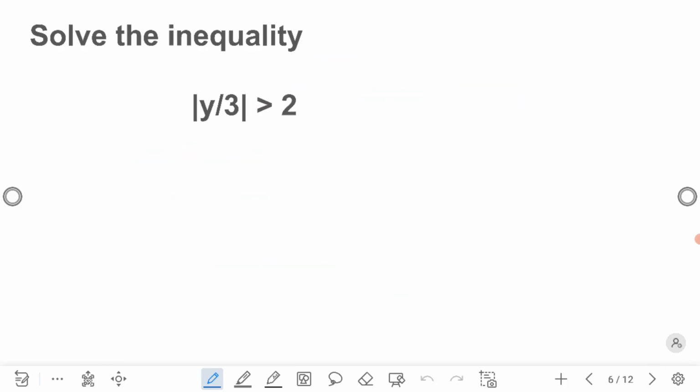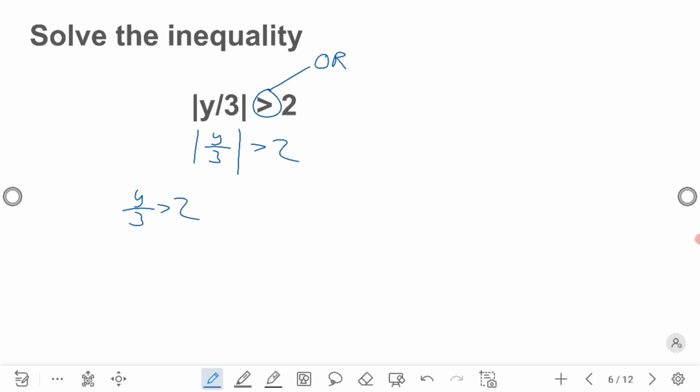All right, moving on to the next one, we have the absolute value of y divided by 3 is greater than 2, which is the same as a fraction. Again, I look at the inequality symbol, and it's greater, so that means it's an or. When it's an or, my first inequality is y divided by 3 is greater than 2.